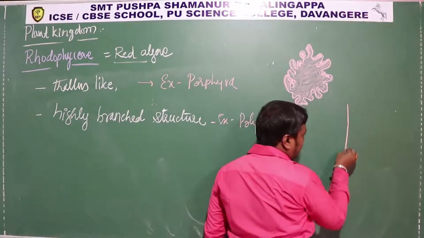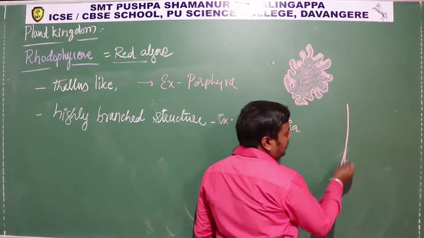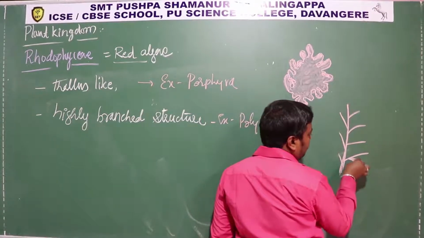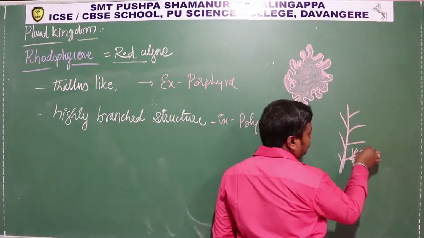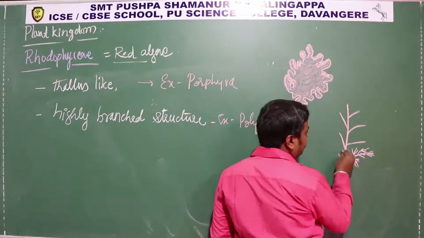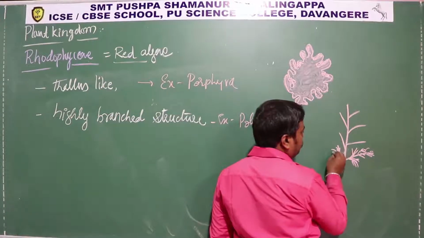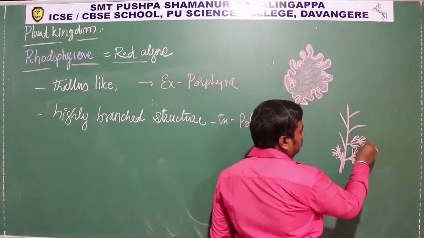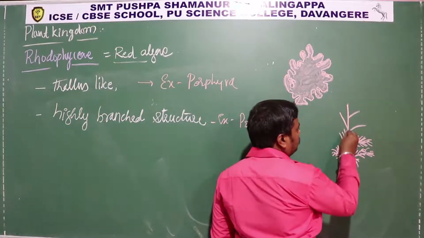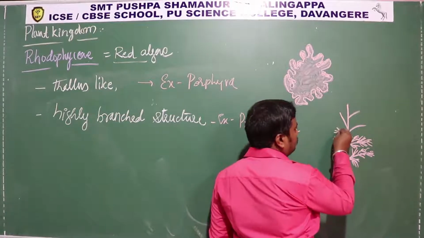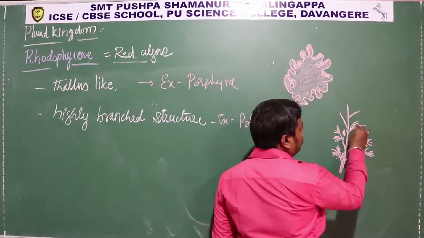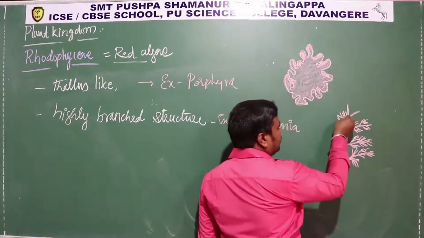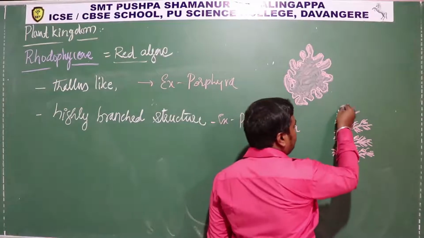It has a main axis, and this main axis shows branches, and the branches branch again. So it is a highly branched structure.